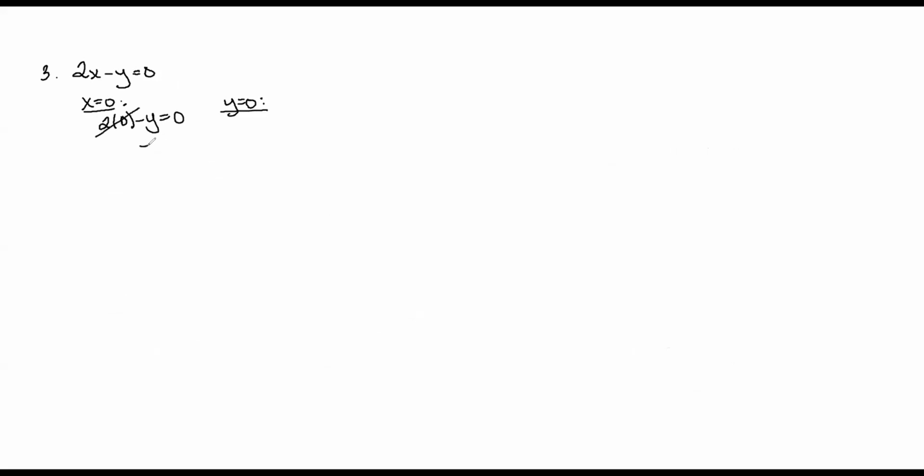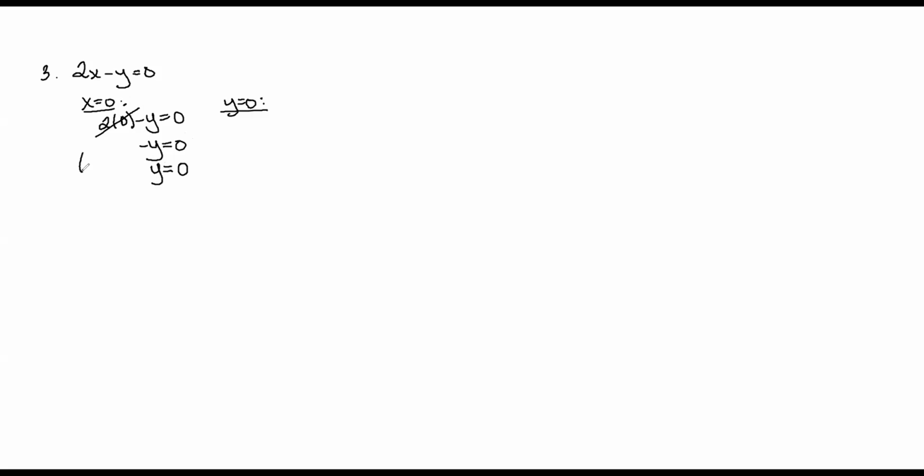So we're left with -y equals 0. You can think of this as dividing by -1 to get that y, or remember our trick with changing the signs. If you change the sign on the left, change the sign on the right, but 0 has no opposite. So it's still just going to be 0.